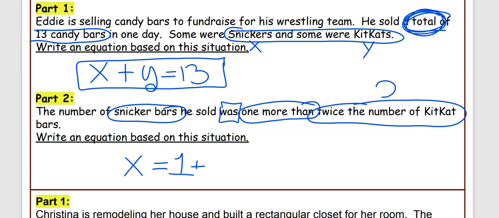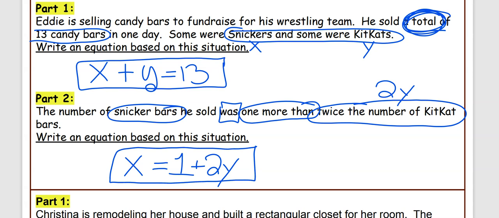Multiply by 2. And what are we calling Kit Kats? Y. So 2 times y. Or in other words, 1 more than 2 times y. Have we written an equation now? And that's all we have to do. Questions on this first part 1 or part 2? All right, let's go ahead and go to the next one now.